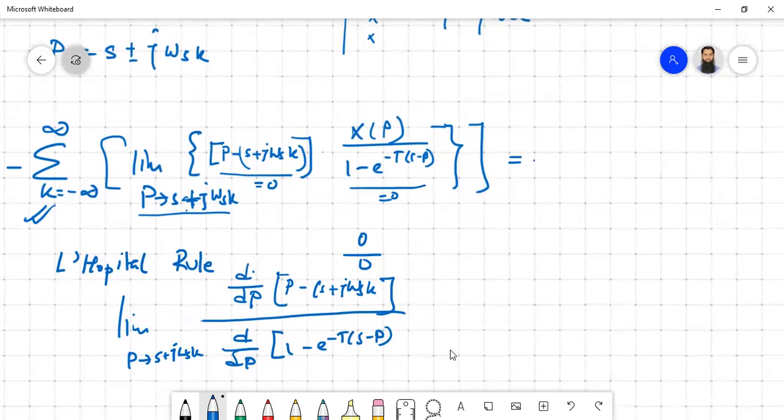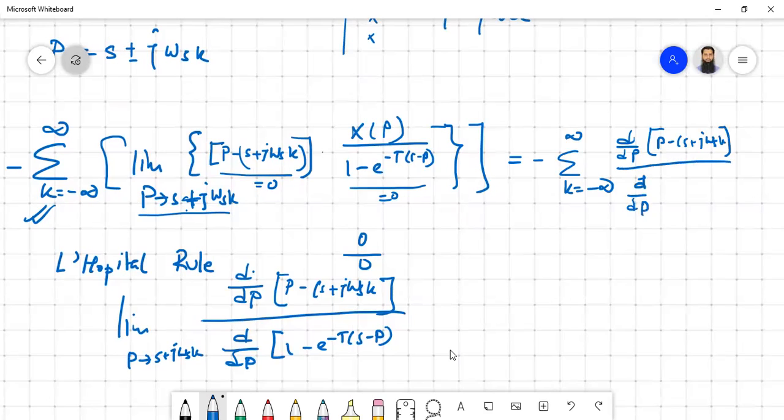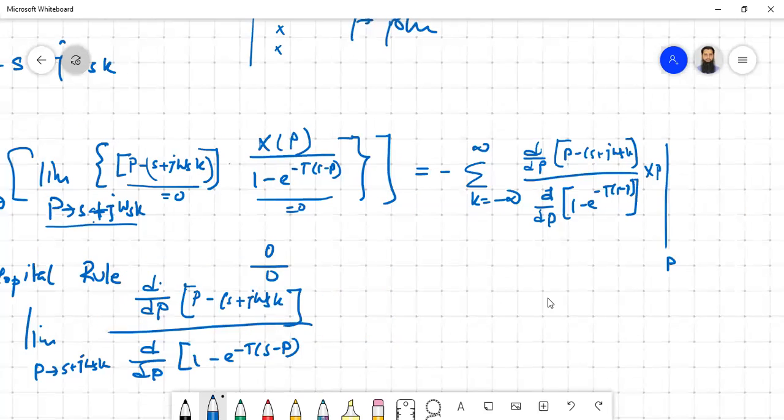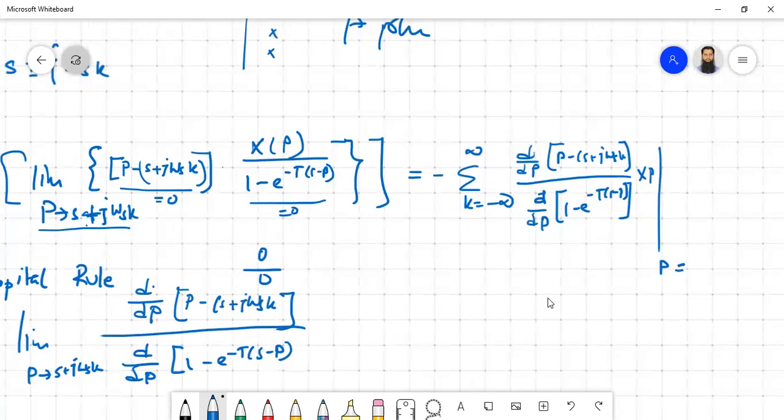So minus the summation k from minus infinity to infinity, then d by dp of p minus s plus j omega s k, then d by dp of 1 minus e to the power minus t s minus p, and then xp is also there. Then on the whole thing, you have to set p equal to s plus j omega s k.